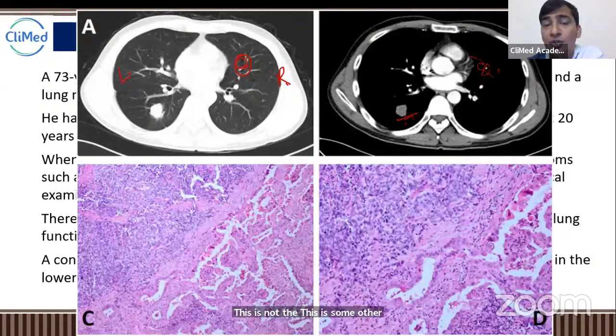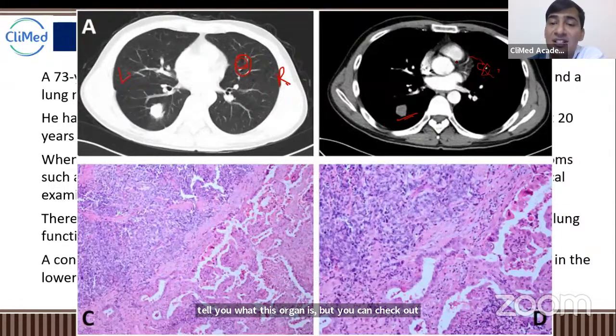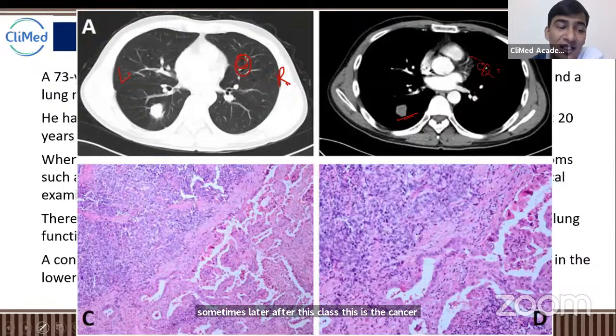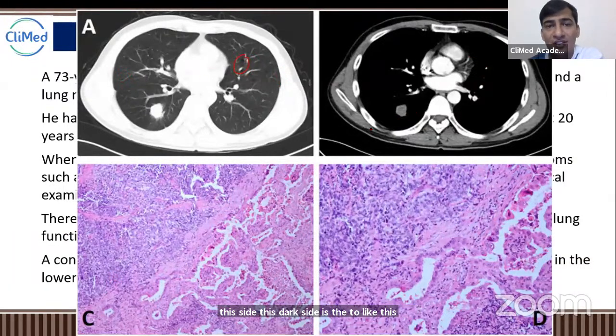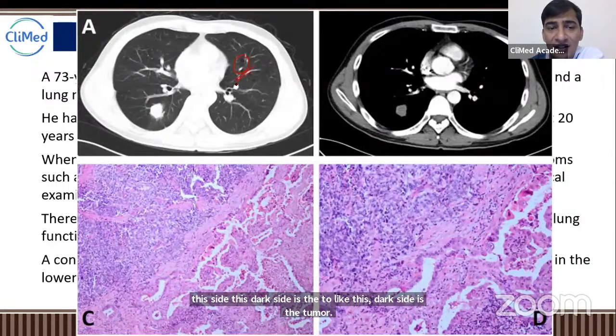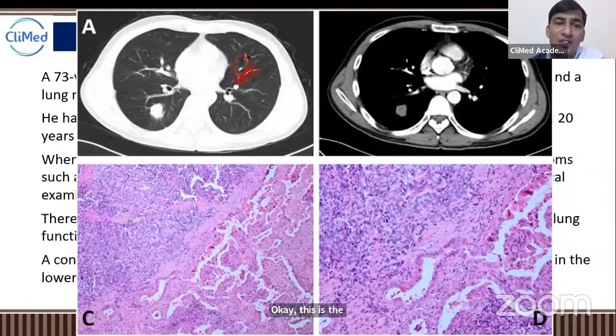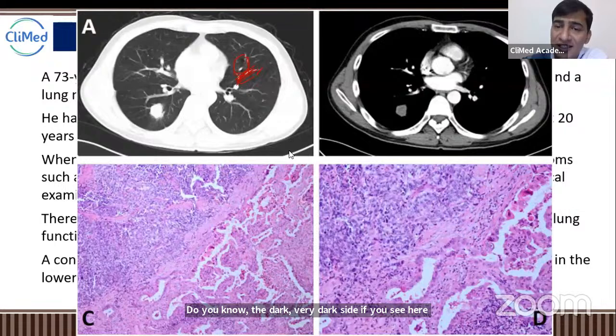I'll not tell you what this organ is, but you can check after this class. This dark side is the tumor, the very dark side. Did you guys get it?